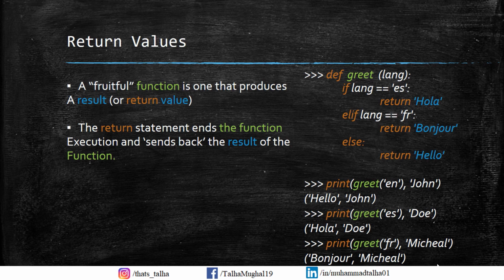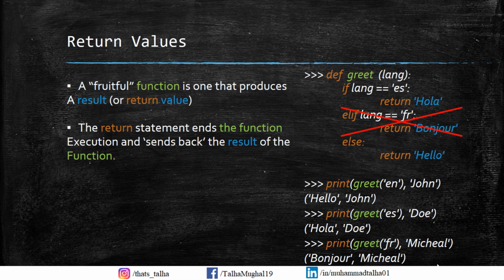So after defining this function, I will go ahead and call that function in the next line. Here you can see that I have called that function and I have given it an argument that is en. Now that argument will be stored in the parameter lang of the function and then it will be checked by the conditional statements. As I have given an argument of en, the first condition will not be satisfied and the function will move to the second conditional statement.